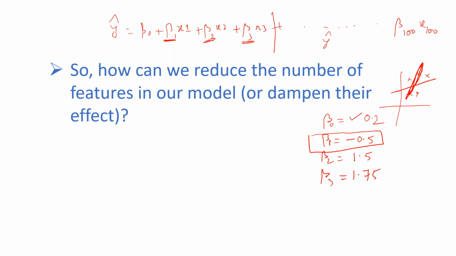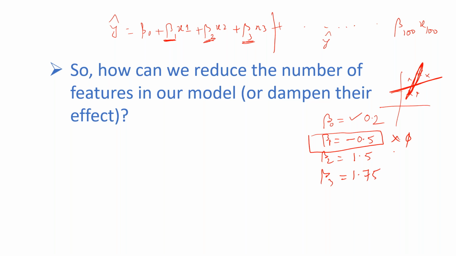So I want to figure out how to reduce the number of features totally, making these betas 0 actually. If beta is 0, the feature is out of the equation. Or if beta is very, very small, also the feature's impact is very minimal on the model.